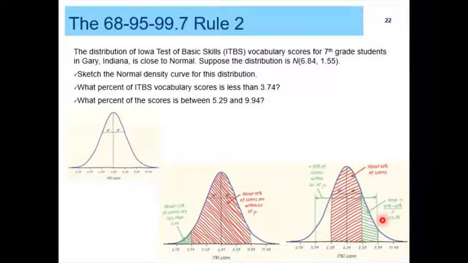So what it is doing is 95 minus 68% divided by 2, that is 13.5%. So we will add 13.5% to the 68%, and we will get the percentage of the scores between 5.29 and 9.94.